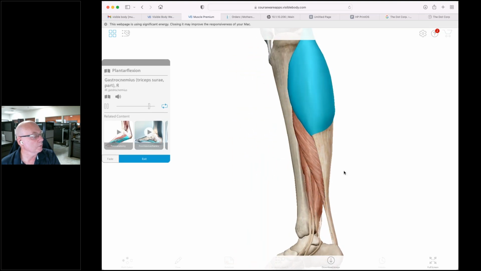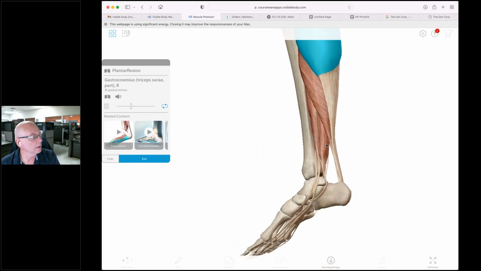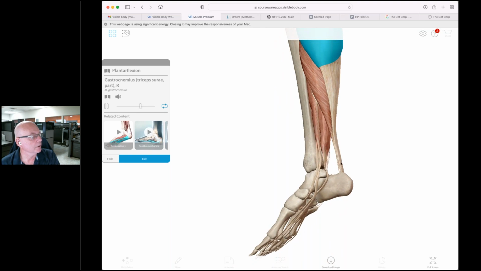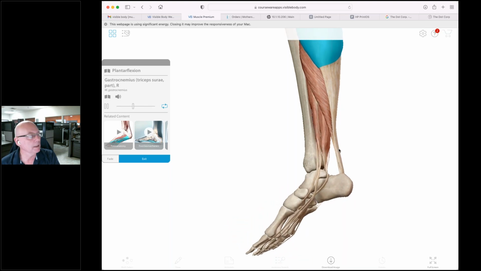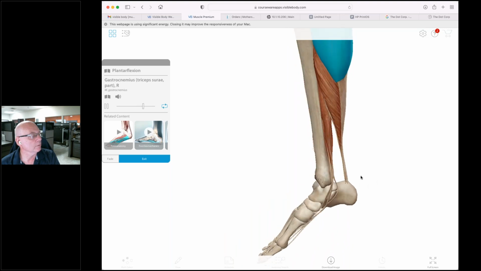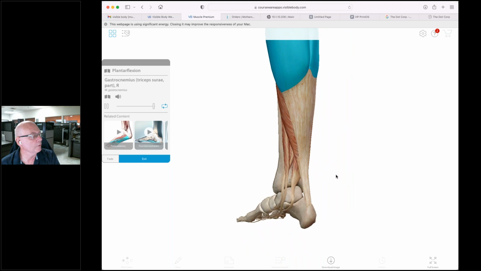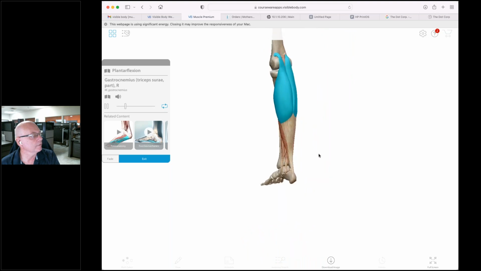So these two muscles are plantar flexing the ankle. Notice bringing that right there at the calcaneus, bringing that up. Okay, kind of a cool little illustration. Hopefully you get an idea from it, right?